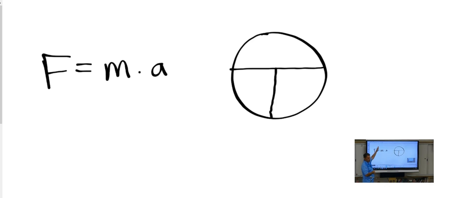But that's okay, because you know m is times a every time. So m and a go on the bottom, and that must mean what's on top? Your force. And now you would be ready to roll. So acceleration would be force divided by mass. Mass would be force divided by acceleration, and force would be mass times acceleration.